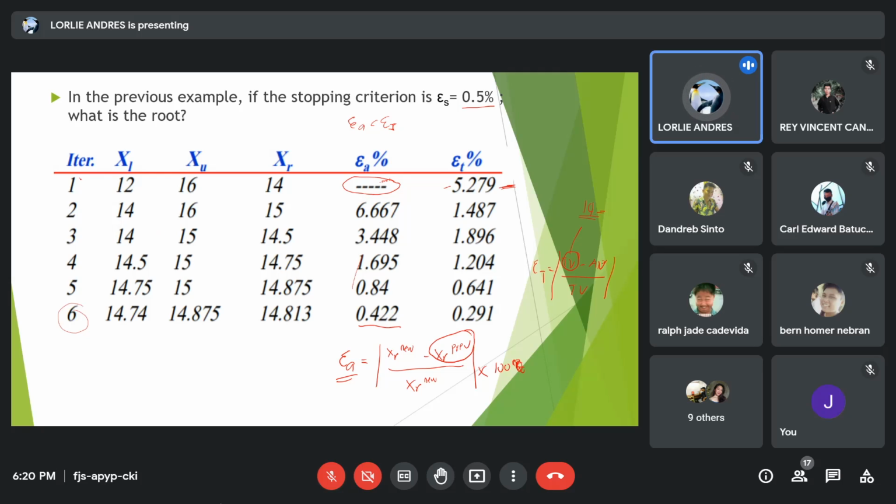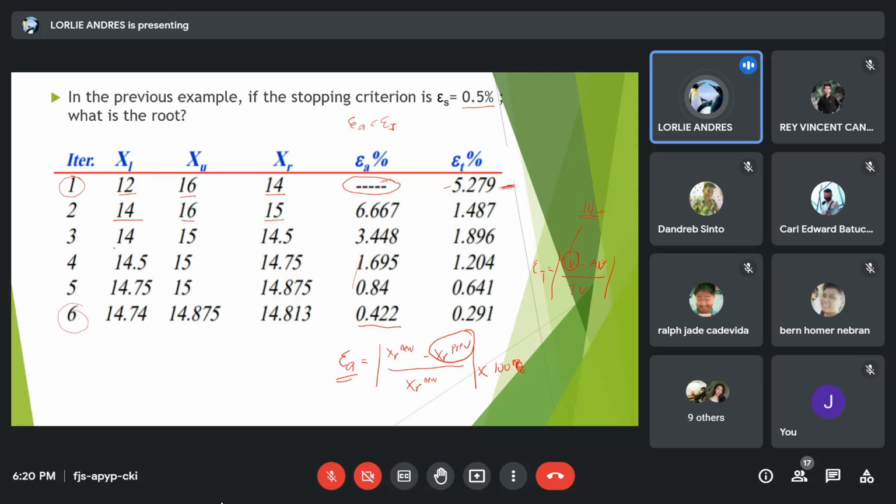Kung na-notice niyo ganina, during the first iteration, ang imuhang x sub L is 12, imuhang x sub U is 16, ang imuhang x sub R is 14. And the next iteration, na kay 14, 16, then x sub R is 15.